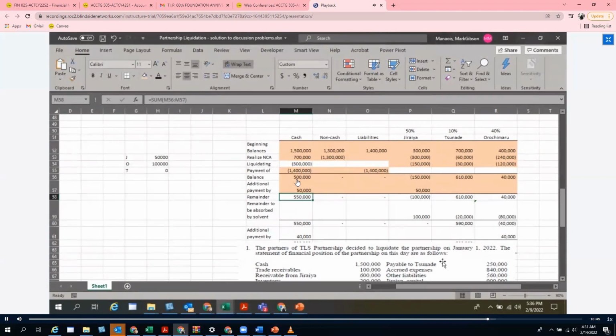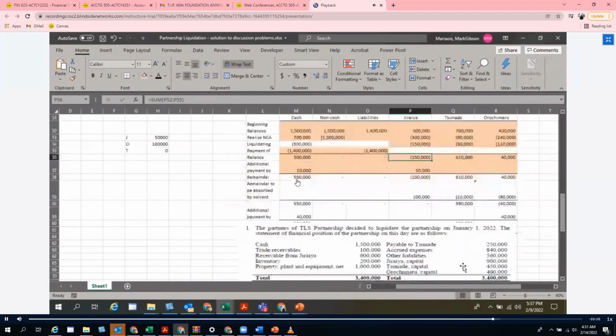But what if ang tinatanong is how much remaining balance in Jairaya's capital after realizing all the non-cash assets, paying the liquidating expenses and payment of liabilities. So imagine, kung hindi maayos yung calculation mo, you will end up redoing the whole calculation, and it's just a waste of your time. So I encourage all of you to at least make it readable for yourself, kasi at the end of the day it's you taking the exam.